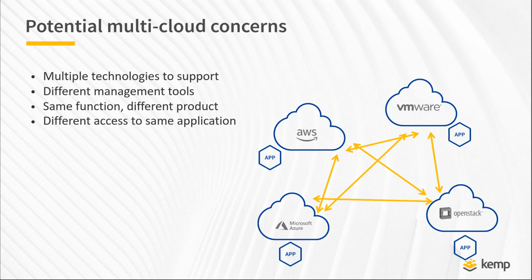Different access to the same application. I want to make a change to my application in terms of how it works, maybe security rules or policies or load balancing decisions or something else. And I have to go through an interface for AWS. I have to go through a separate interface for Microsoft Azure.